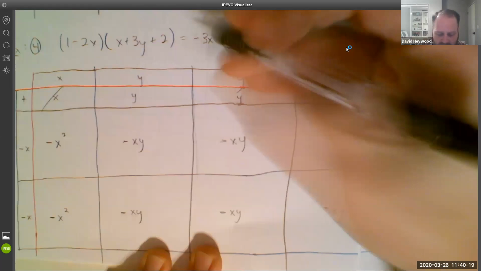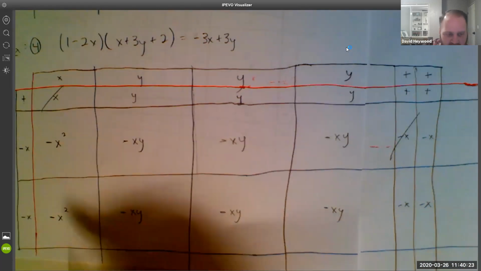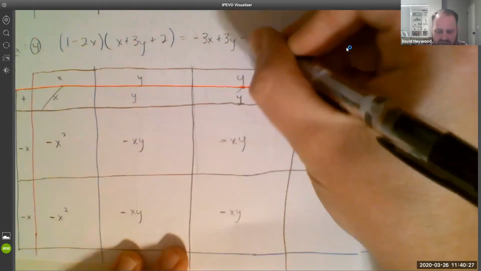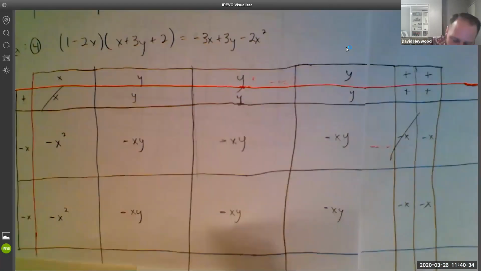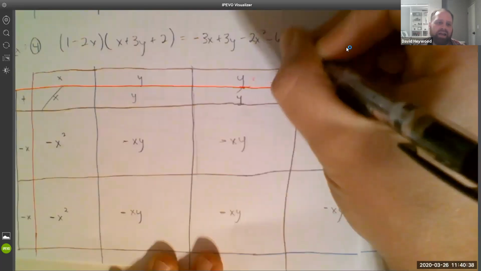Okay, I've got a couple of negative x squared tiles, so I'm going to have negative 2x squared. And then I've got 6 of the negative xy tiles, so I'm going to say negative 6xy. And that does that.